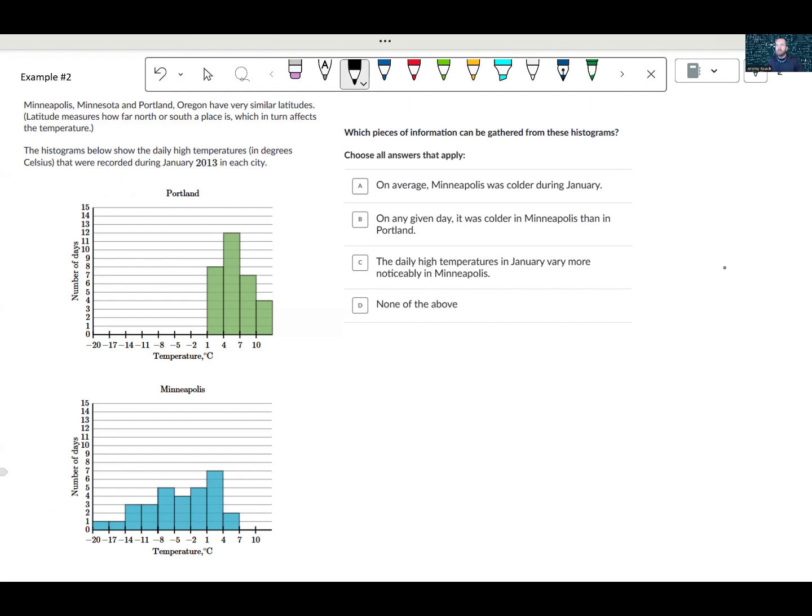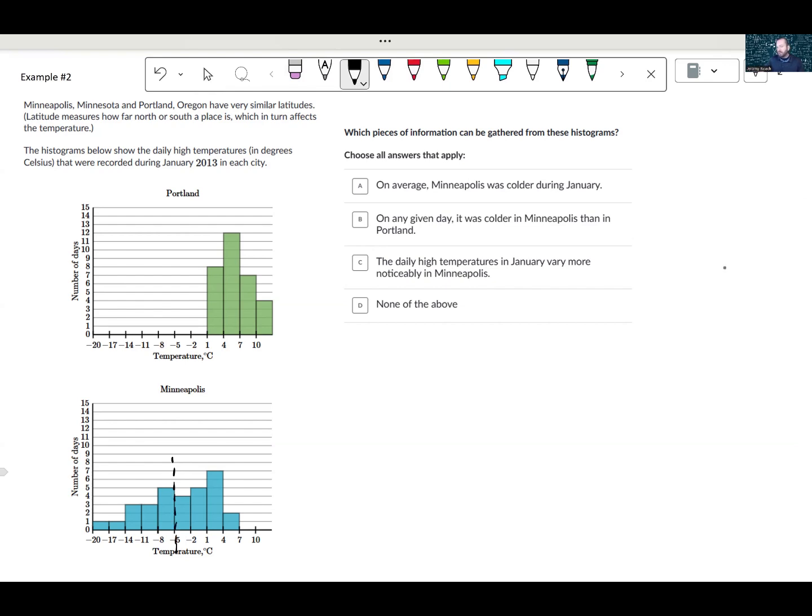And that was where we think of the graph as a physical object that's made of cardboard, and we try to find the balance point or the pivot point where it would be balanced if this was something made of cardboard or paper that was able to have weight on both sides. So I'm just going to do a very rough estimate. I'm going to say there's the mean for Minneapolis, and in fact, maybe it's closer to here.